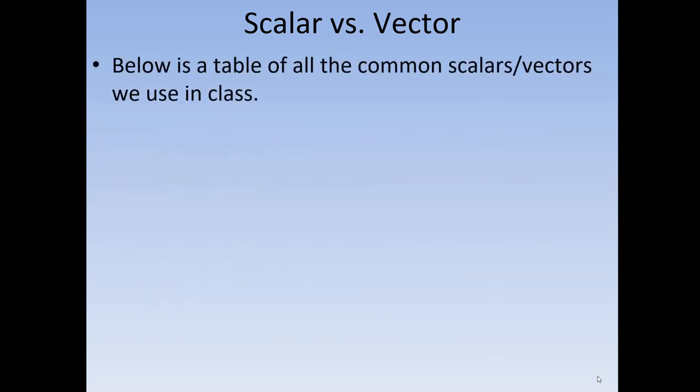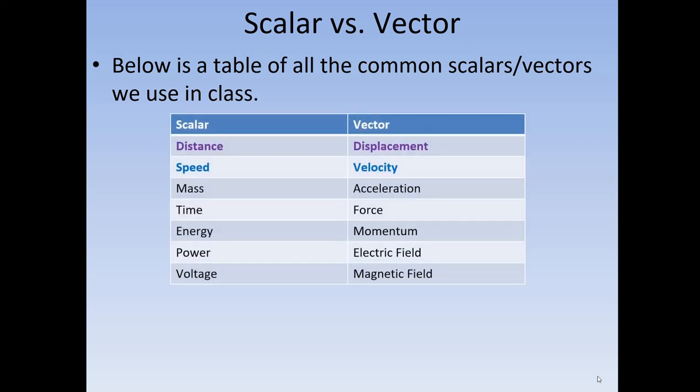In the regents class, we have a regents and AP class. There's a very common set of scalars and vectors that you need to be aware of. Throughout the course, we're going to constantly be referring back to it, saying which ones are scalars, which ones are vectors. But it's good to have everything written down. So this is a list of the scalars, and over here are the vectors. For the most part, even though it looks like there's an equal amount, there's actually significantly more scalars than there are vectors.